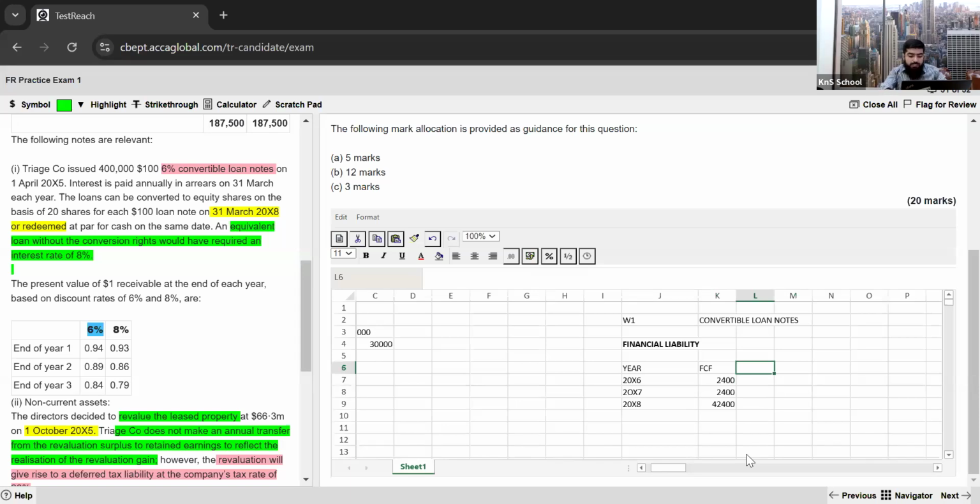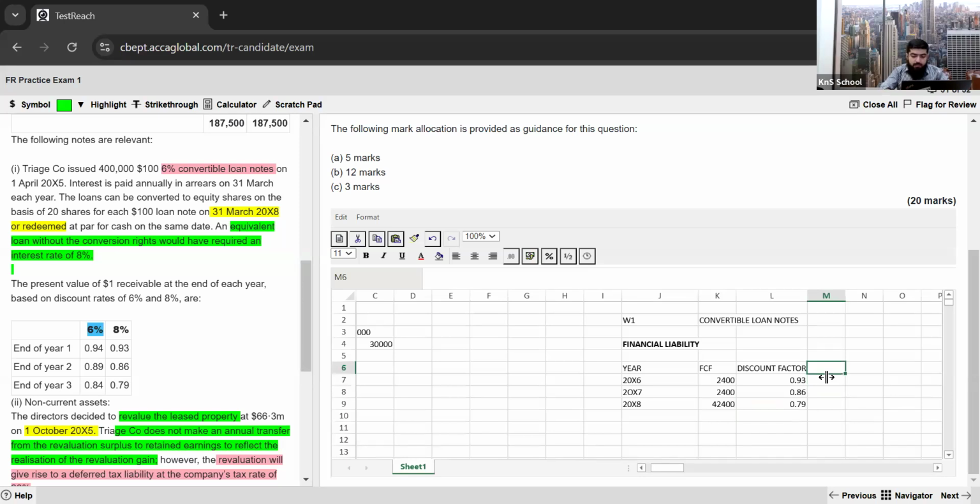We need to calculate the present value. For that we need the discount factor, because we need to calculate the present value of future cash flows. Why? In order to calculate the financial liability. So the discount factor for year 1 at 8% is 0.9259.